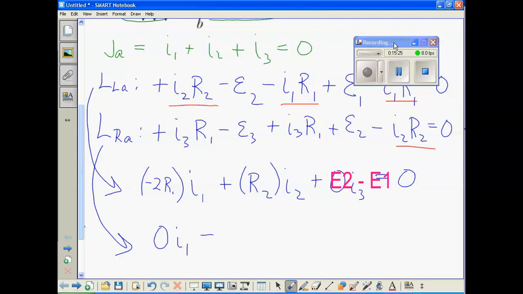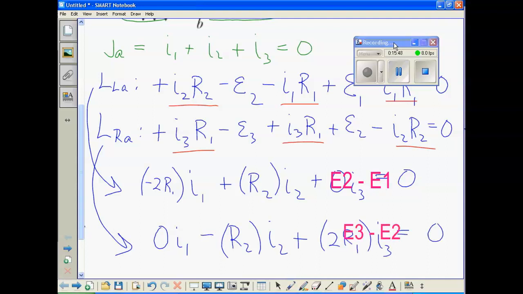So I'll write negative R2, maybe put that in parentheses to set it off. And then finally, I look for my I3 terms. I have a couple of them, and they're identical to each other. So I'll say 2 R1s times I3. And I can set all that equal to 0.